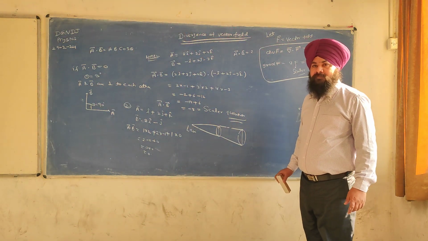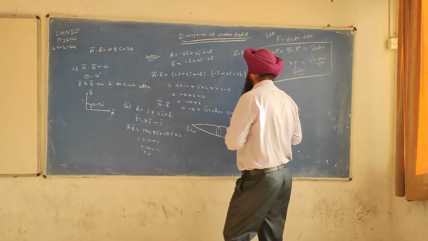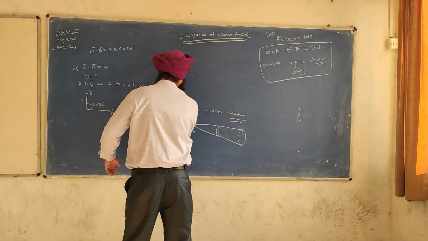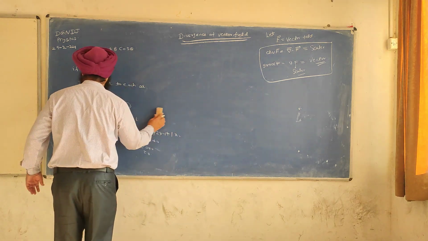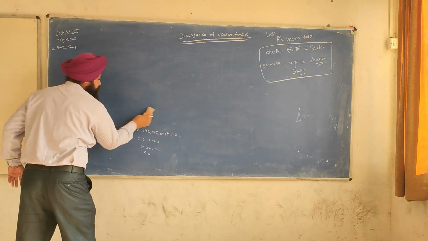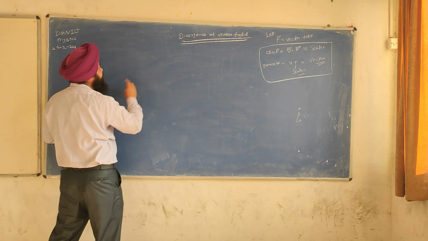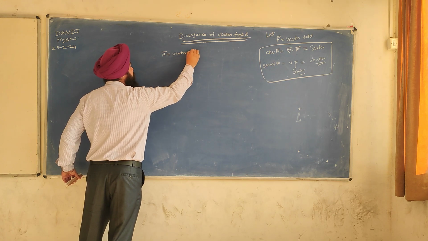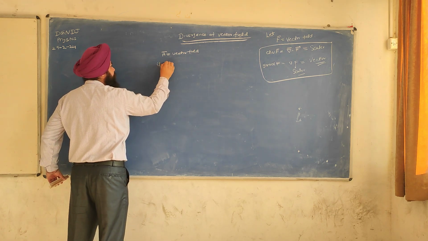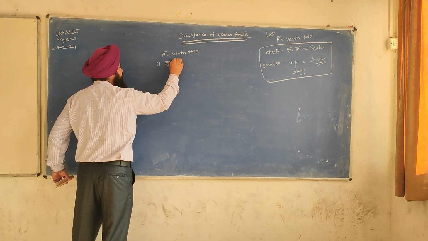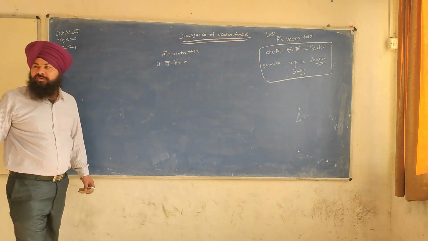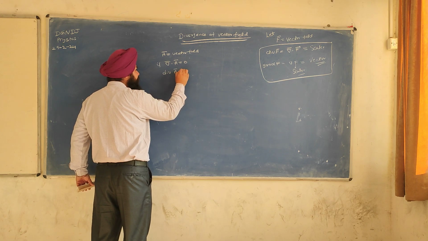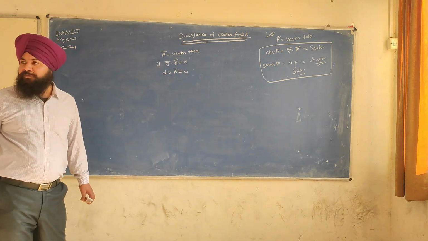Let us say I have another vector field A. A is a vector field. And if del dot A comes out to be 0, it means the divergence of the vector field comes out to be 0.